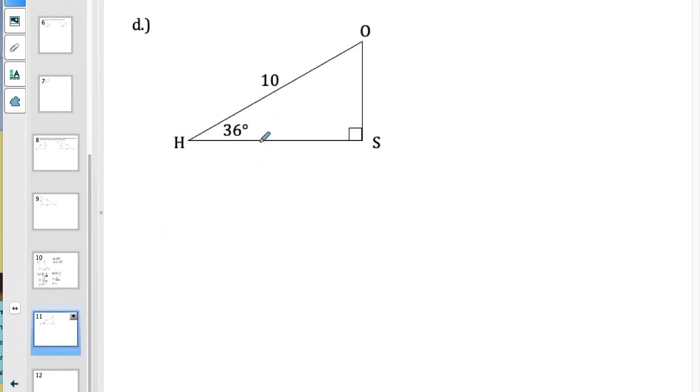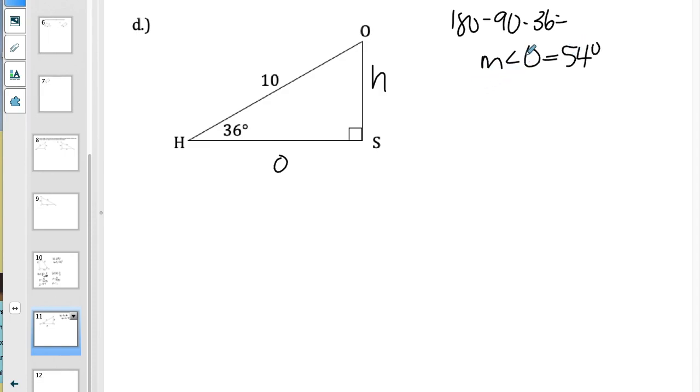On example D, we have side H and side O. To find the angle O, if you want to do that first, you can. So 180 minus 90 minus 36, we know that the measure of angle O is going to equal 54 degrees.